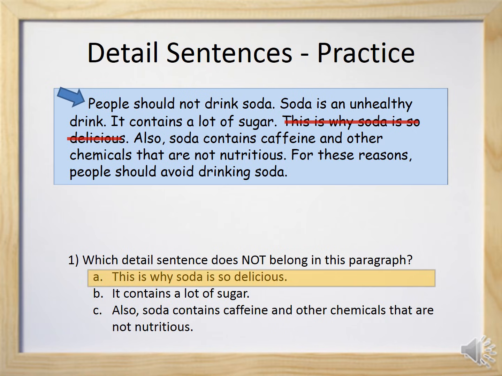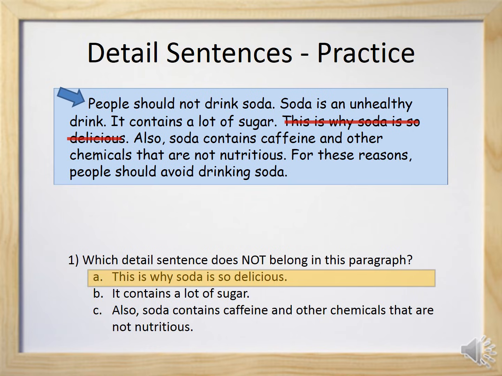Let's read the topic sentence again. People should not drink soda. So, all detail sentences in this paragraph should explain why the topic sentence is true. That means all of the detail sentences need to explain reasons that people should not drink soda.